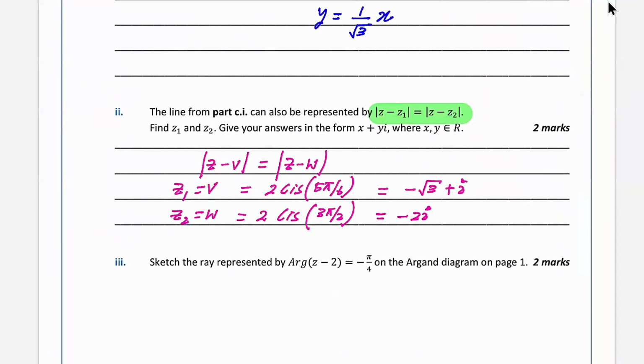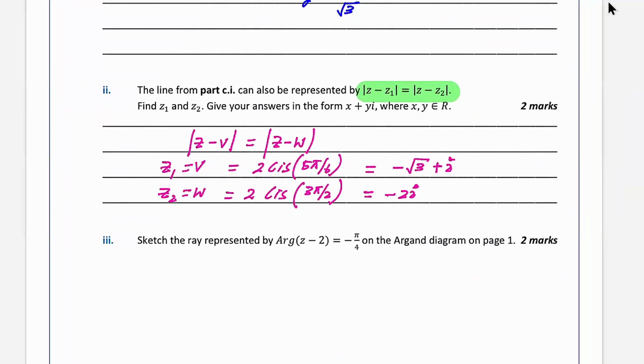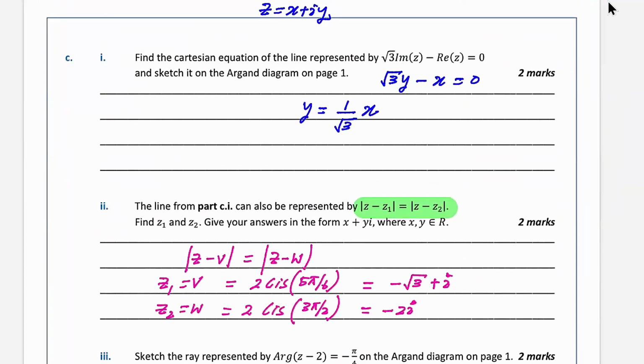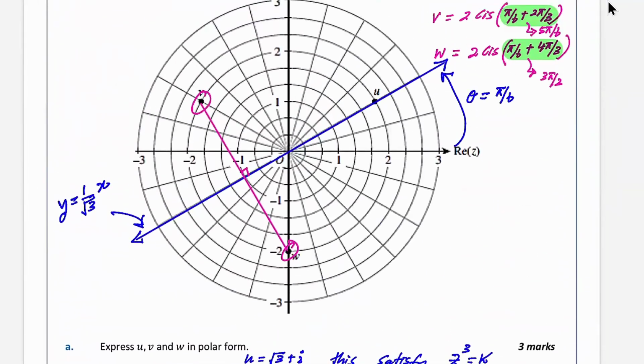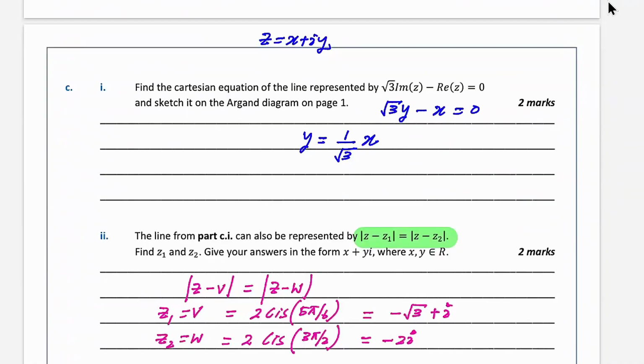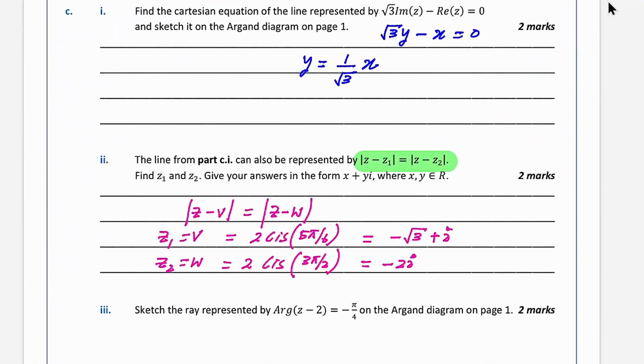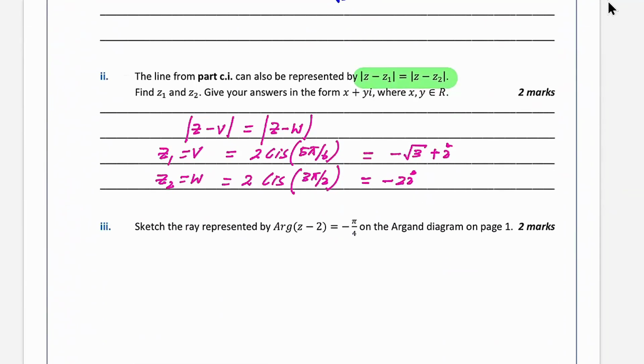I think it's cos W. Cos B. Wait, let me see. Why? The 2 points will be the same.